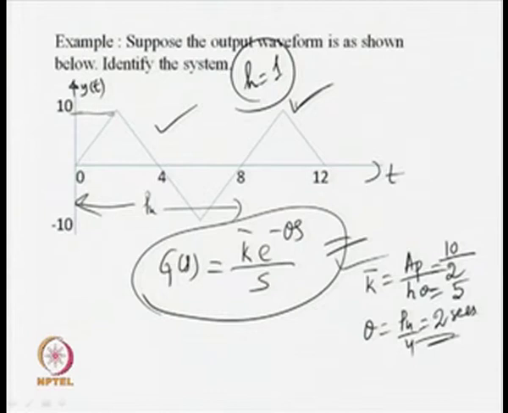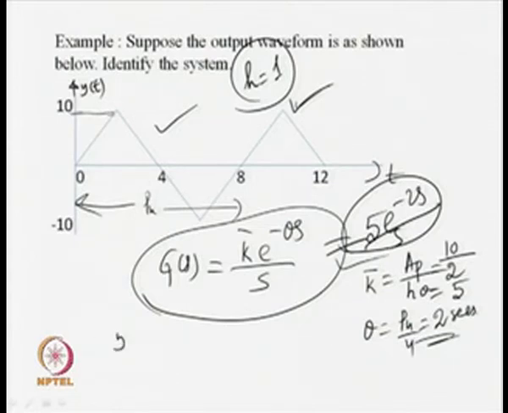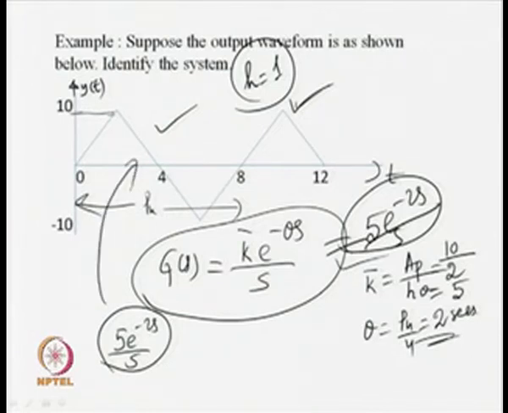So, the transfer function model of the system becomes 5 e to the power minus 2s upon s. The point of giving this is that if there is a system which has the dynamics 5 e to the power minus 2s upon s and is subjected to a relay test, then such a typical output waveform is expected from the closed loop system. And so, these model parameters have a relationship with the typical output waveform we are getting.